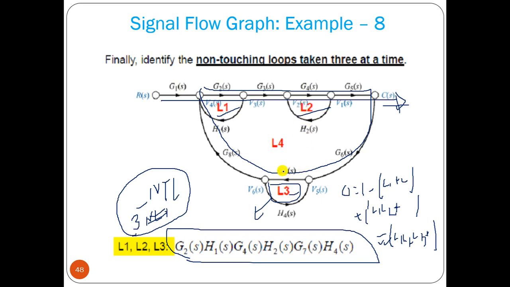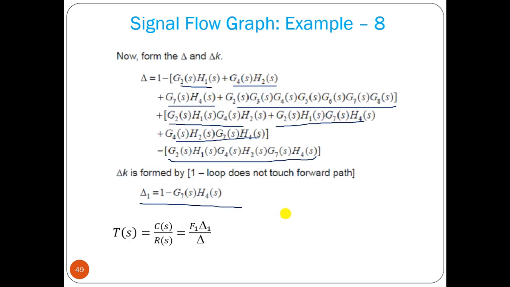It is separate. So delta 1 will be equal to 1 minus L3, whatever the L3 value is, that you have to subtract. This value is G4 G7 into H4. So 1 minus G4 G7 H4. This is the part we have to take care of.